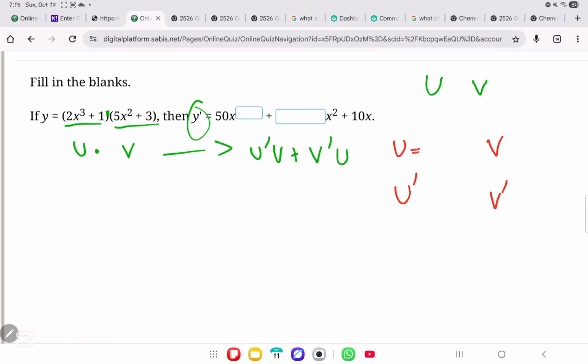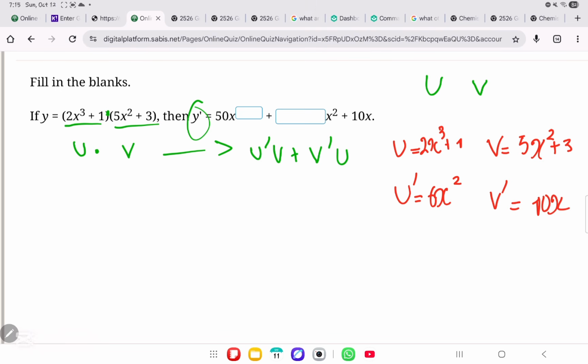So u in this scenario is 2x cubed plus 1. U prime in this scenario is 6x squared, okay? V in this scenario is 5x squared plus 3, and v prime in this scenario is 10x.